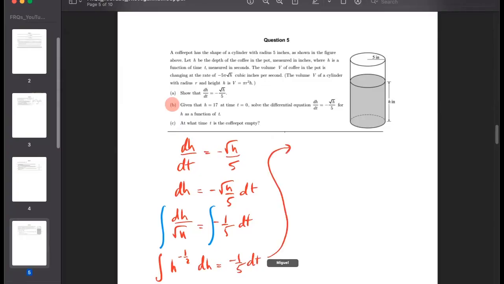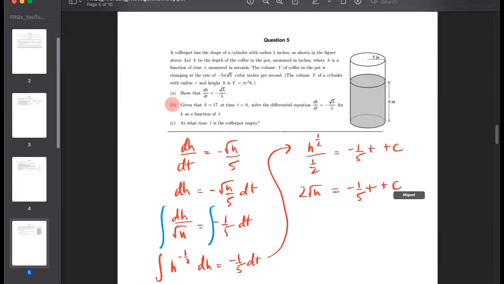All right, this is where I go ahead and integrate. The value on the left side becomes h to the 1/2 divided by 1/2, which is equal to negative 1/5 t plus c. Let me just rewrite these things. I can bring the 2 to the top. The h to the 1/2 becomes a root h, and negative 1/5 t plus c.